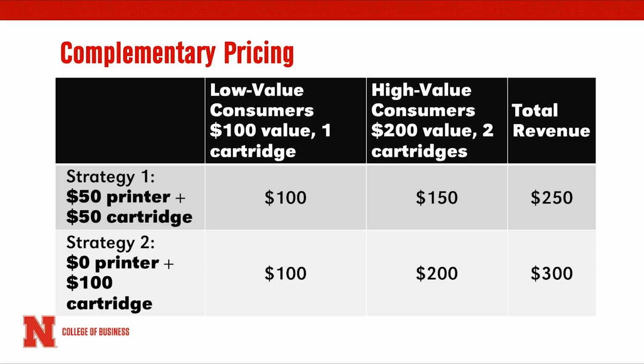In this case, giving the printer away would probably actually be a negative margin decision, and the other product is sold at a very high margin. This results in total revenue of $300 under strategy 2 versus $250 under strategy 1. In either case, the costs to the firm are the same. In both cases, the firm is producing 2 printers and a total of 3 printer cartridges, and so we can see that strategy 2 would be the more profitable strategy from the perspective of the firm.